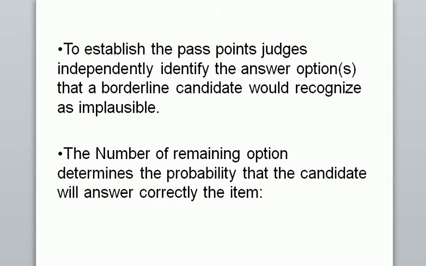For example, if one item has five options, the candidates will be able to eliminate 2 options. So they make a judgment on the basis of the remaining 3 responses of that item.